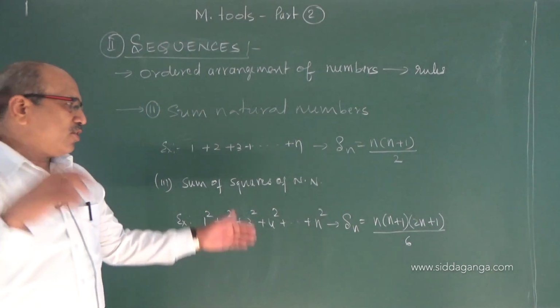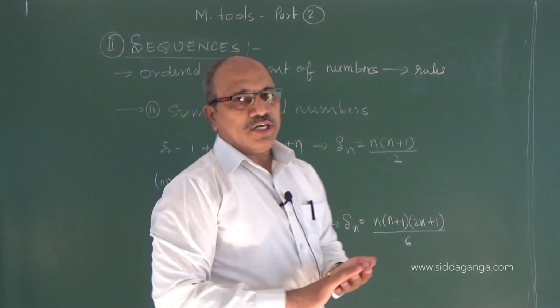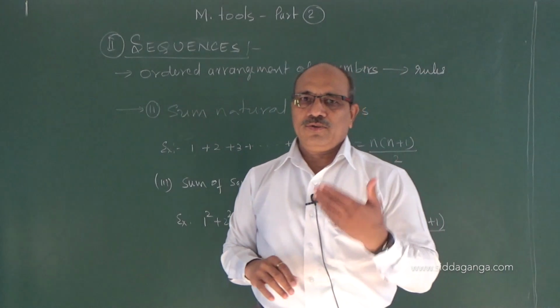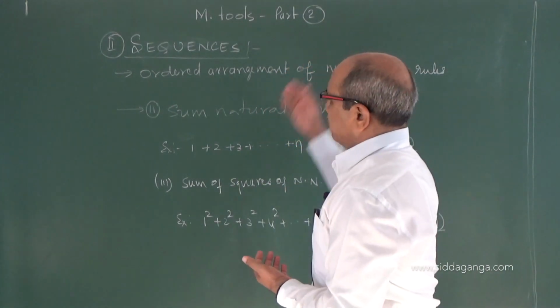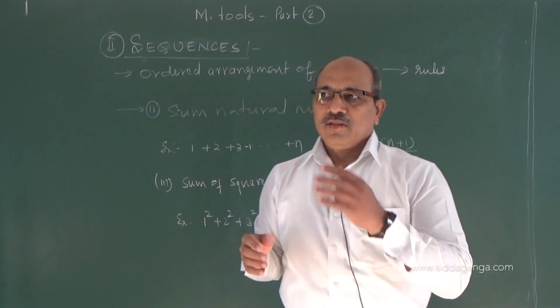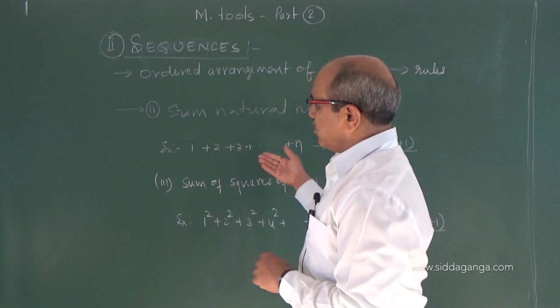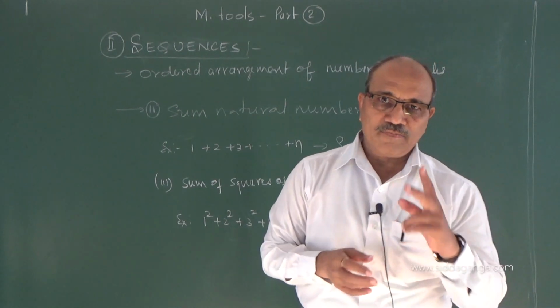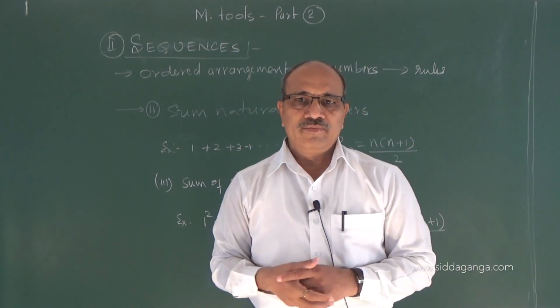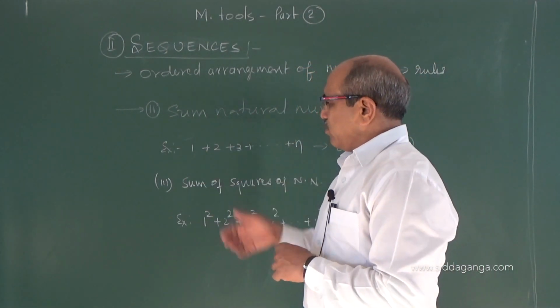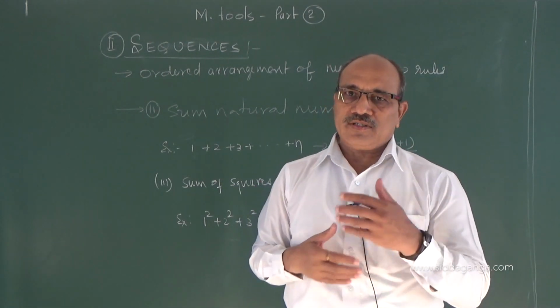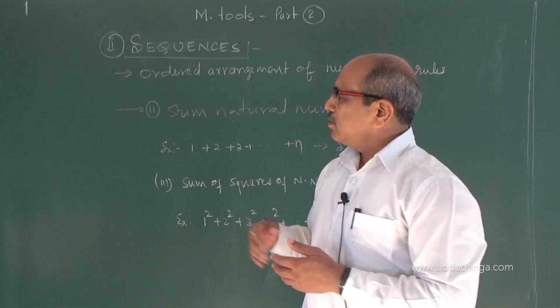I am not going to solve the problems here, only recording for you in today's video as mathematics tool part 2. In the first part I took the quadratic equation, and in the second part the sequence, particularly the arithmetic progression, and finally the sum of natural numbers and sum of squares of natural numbers.